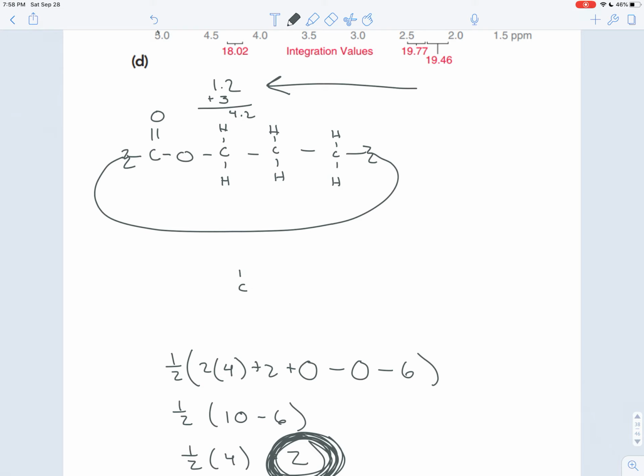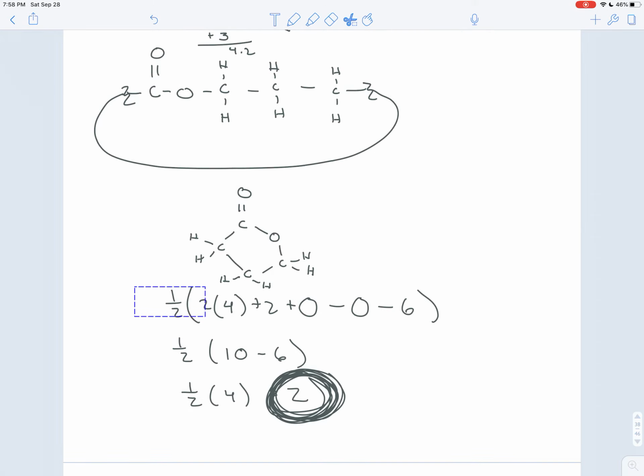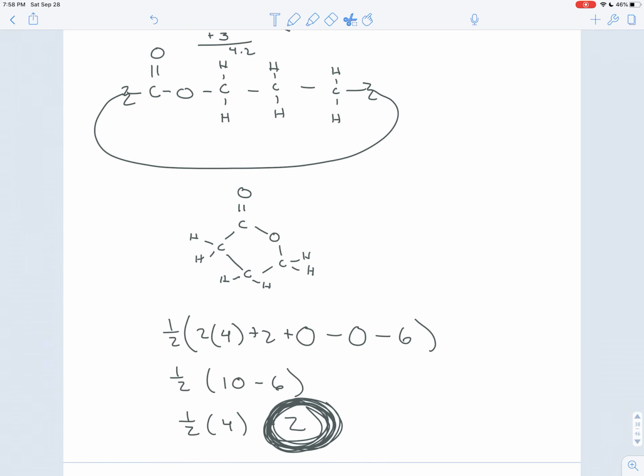Oops. So first I'll draw it with a C so it's easier to follow. So there's our first CH2, our second CH2, our third CH2. So I'll put these in colors so that they're a little easier to follow.